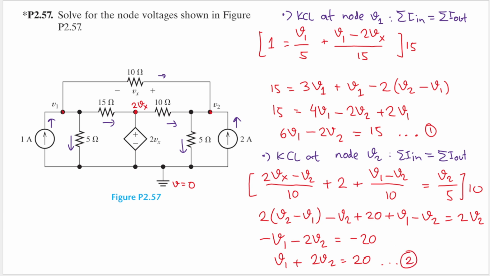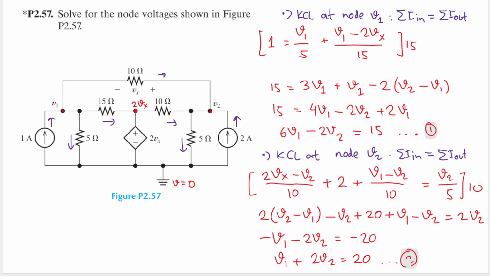Now we have two equations with two variables. This is the first equation, and this is the second equation. Maybe we can just add them up. So we will have 6V1 minus 2V2 equal to 15 in the first equation, and then V1 plus 2V2 equal to 20.